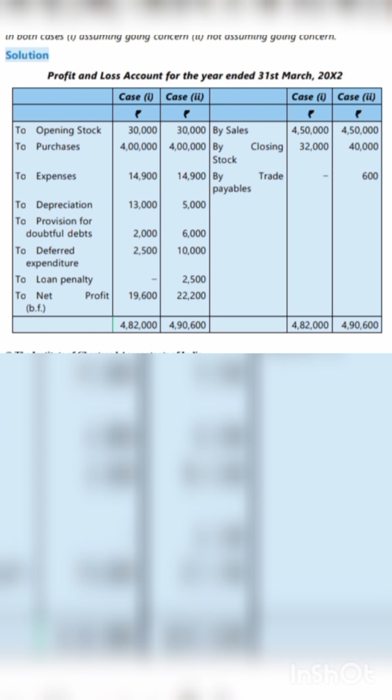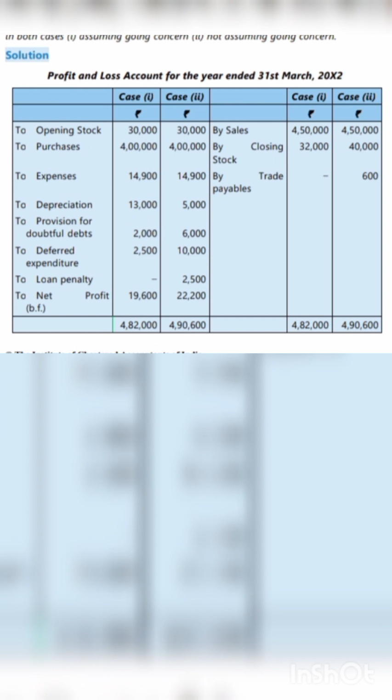I have written the balance sheet in the first part of the video. From the assets column of the balance sheet, rupees 30,000 is shown in stock. Please see that.